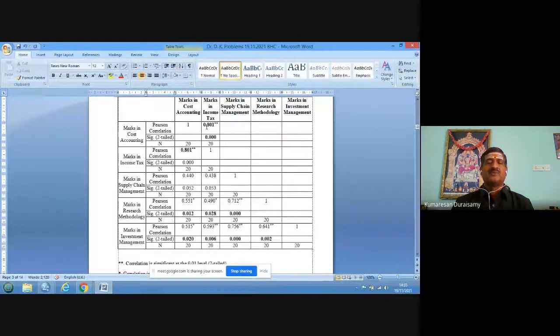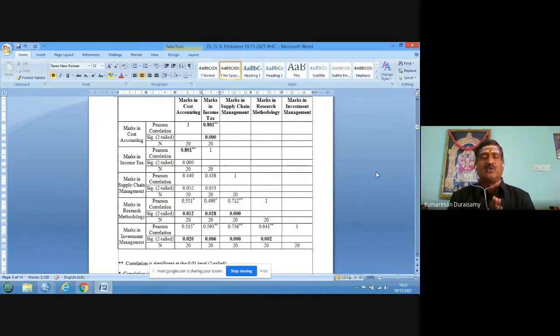Now, from these results, we can interpret with 2 results: the correlation coefficient and the p-value.